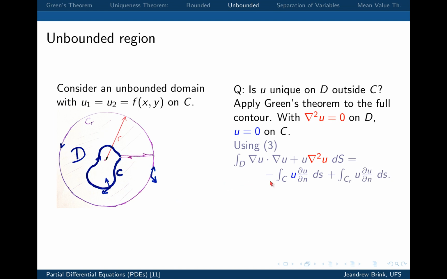We have two contributions over here, and the contributions over these two lines exactly cancel because they're going opposite ways. Because of our boundary condition, the term in the interior vanishes, and we are left with this expression.